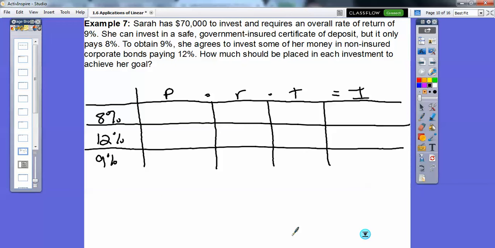It's the same as when we talked about the mixtures. You have to have your lowest and your highest. Your total has to fall in between those two. You could call them a CD, a bond, and a total. I don't care what you call them as long as you know what those things stand for. Okay, so we're going to have to take our lowest percent and our highest percent to get our grand total.